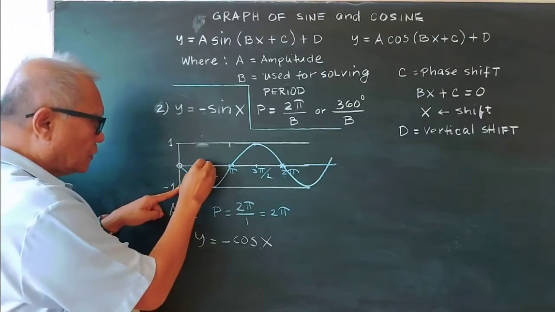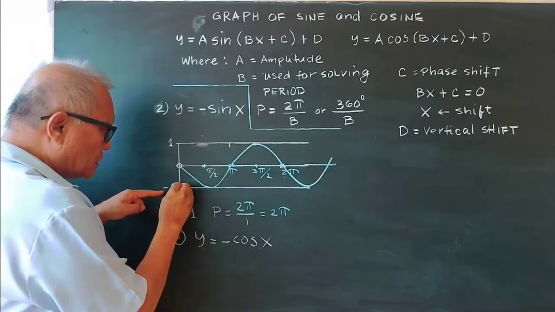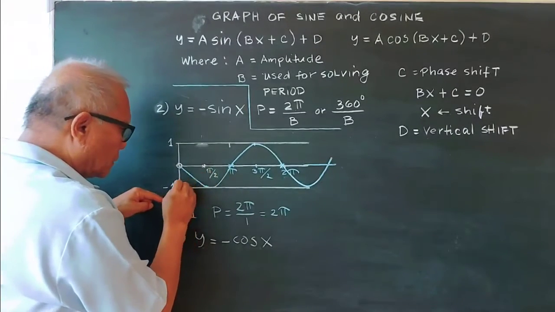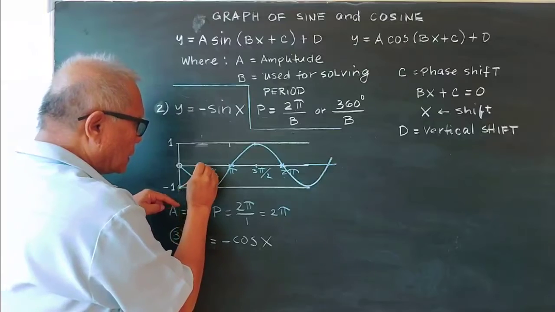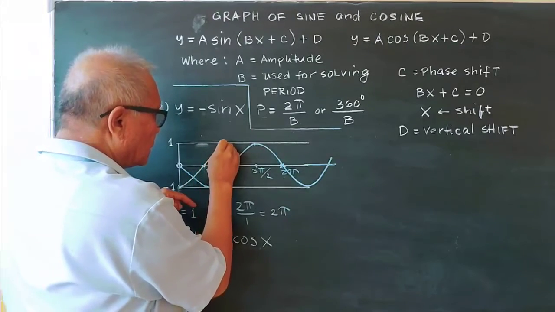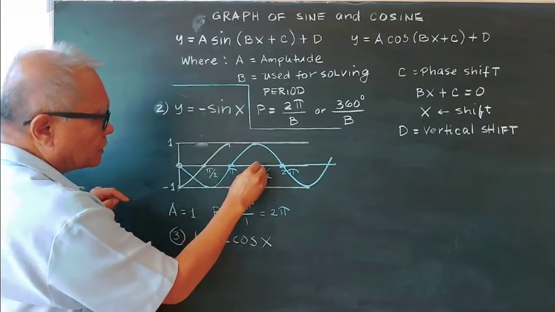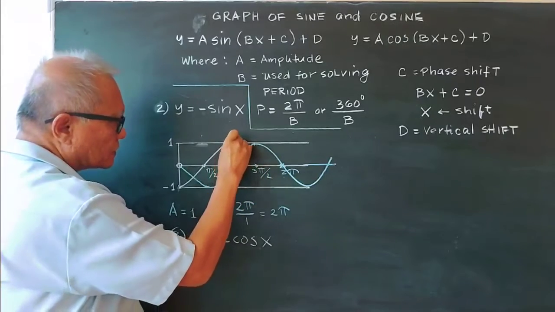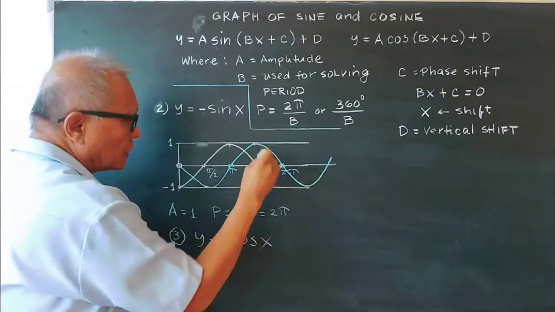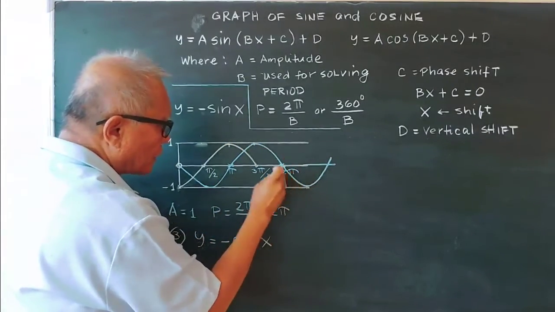So here, we have that one. So we cross that one, and then half of this one, then we cross this point here, and the 2 pi is here.